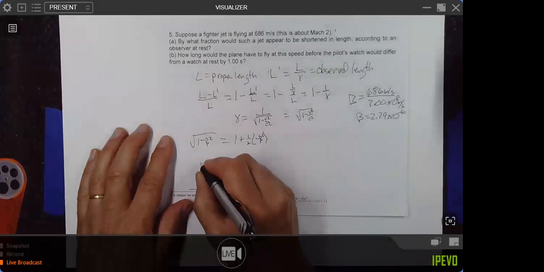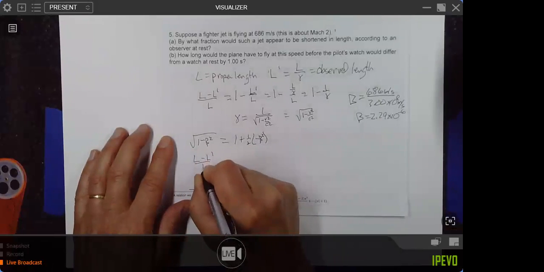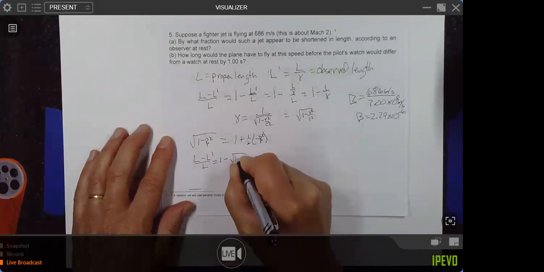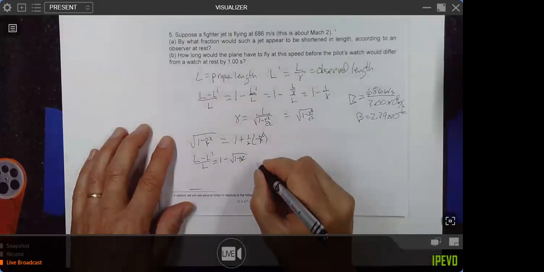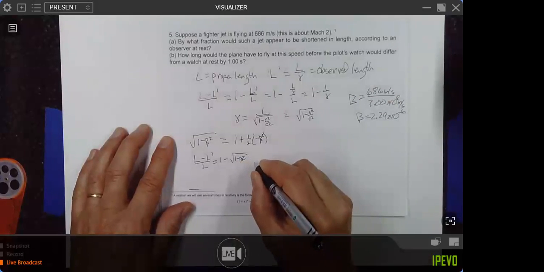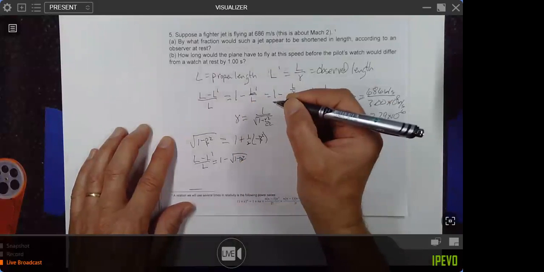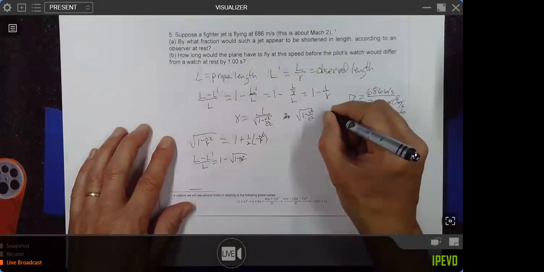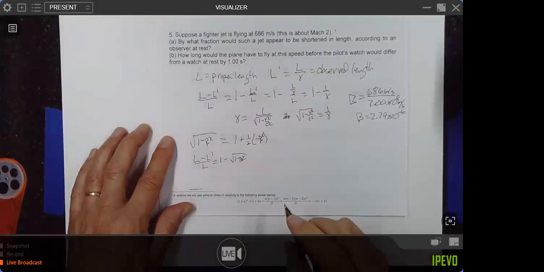So our fractional change in length, L minus L prime over L, which is 1 minus the square root of 1 minus beta squared, because it's 1 divided by gamma, is going to end up being, whoops, I should have said, I did some monkeying around here. This is 1 over gamma. That's not equal to gamma.